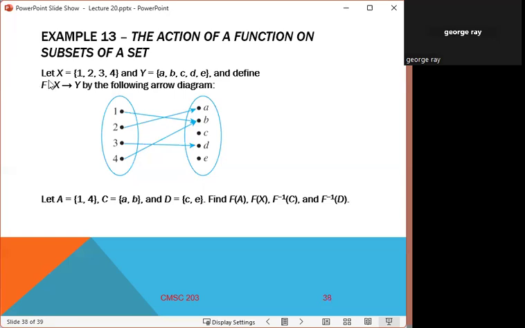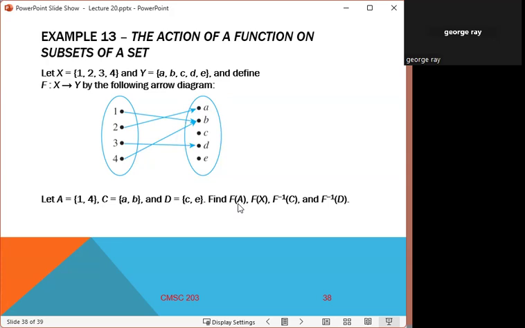So if we look at two sets as examples, we have X, which is our domain 1, 2, 3, 4, and Y, which is our codomain A, B, C, D, E. And we have an arrow diagram mapping X to Y. So we have 1 to B, 2 to A, 3 to D, 4 to B. So if A is the elements 1 and 4, C is the elements A and B. So C is a subset of our codomain, and D is the elements C and E in our codomain.